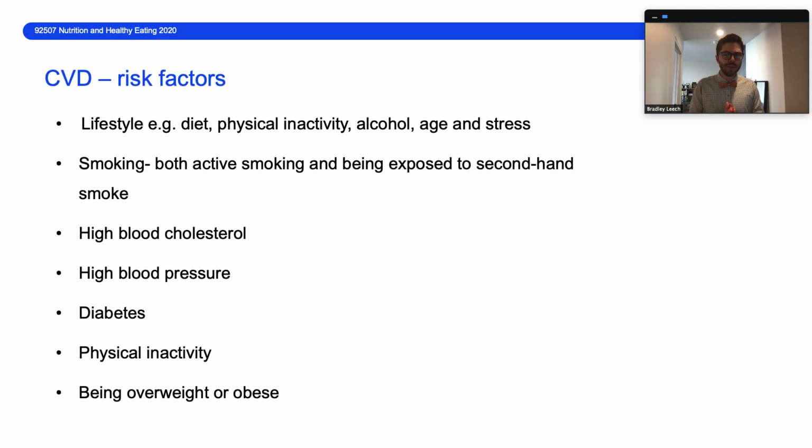So let's look at some of these risk factors for cardiovascular disease. The most important behavioural risk factors of heart disease and stroke are an unhealthy diet, physical inactivity, tobacco use, and the harmful use of alcohol. Without a doubt, they are the factors most at play here.